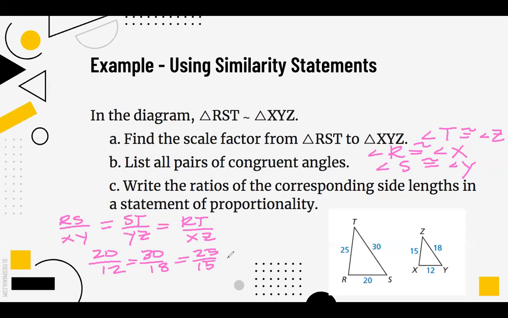If I take each of these fractions and reduce it, I end up with 5 over 3. So my scale factor is 5 over 3.